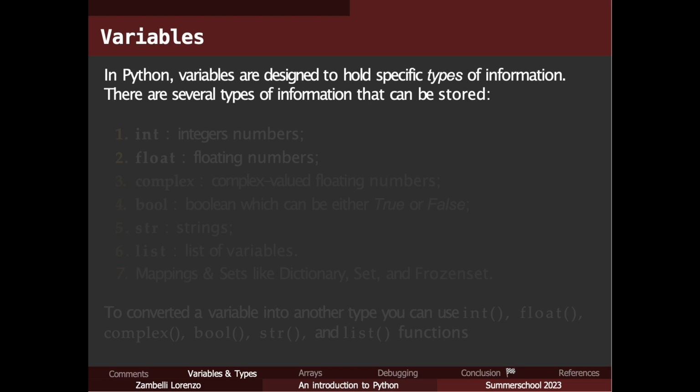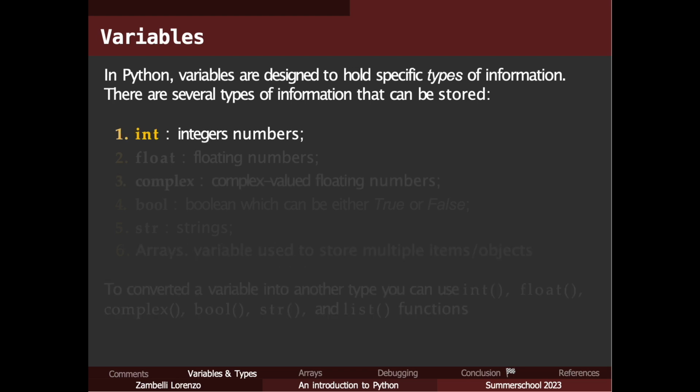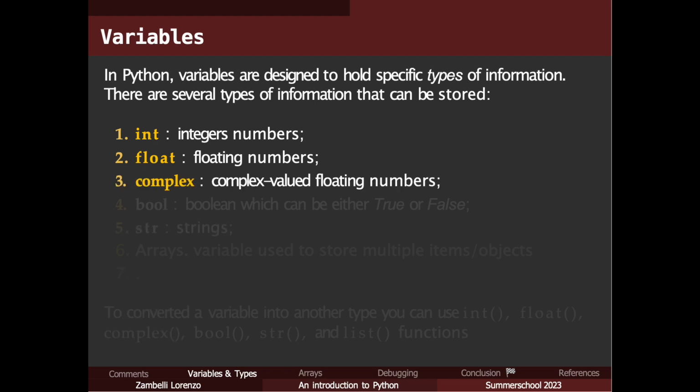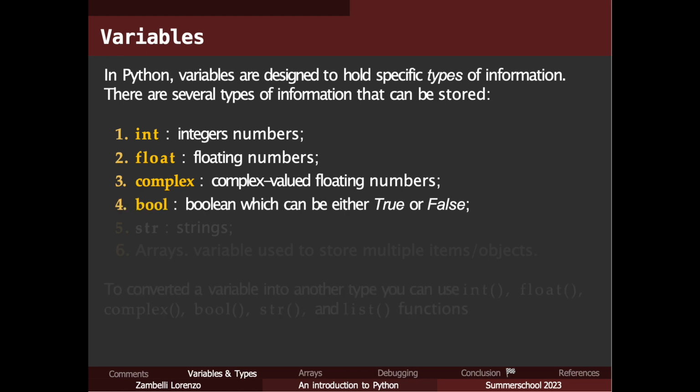There exist multiple types of variables: integers, which are integer numbers; floats, which are just float numbers; complex numbers; and Booleans, which can be either true or false. A Boolean variable not only can be set to true or false, but you can create a true or false even through an if statement or logical conditions and so on, but we'll see that later.